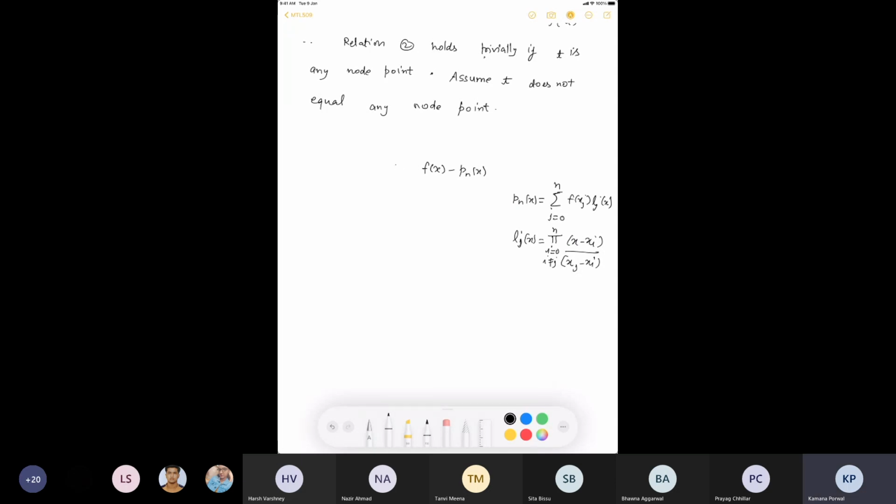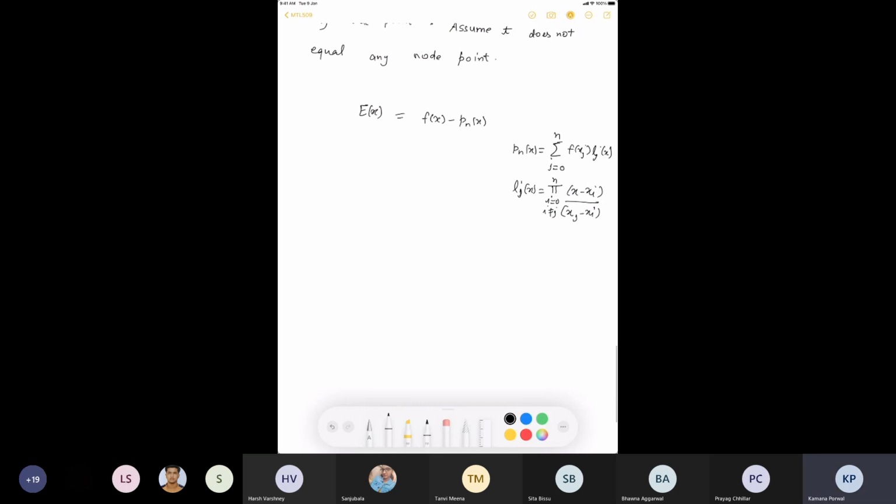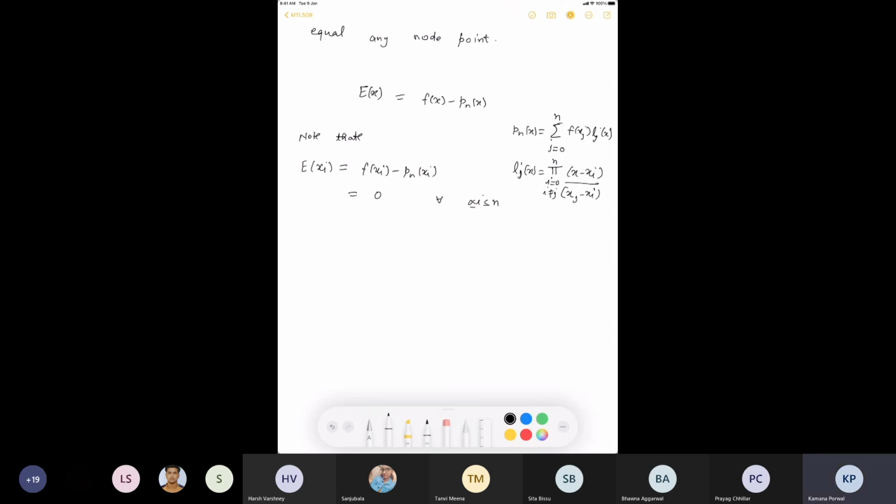Let's call this function e of x. So e of x is basically the interpolation error at the point x. What we can observe is that if you evaluate e at any xi, this is going to be f of xi minus pn evaluated at xi. So we have already observed that the interpolation error is 0 at all the node points, and we are interested in finding the interpolation error at the point t.